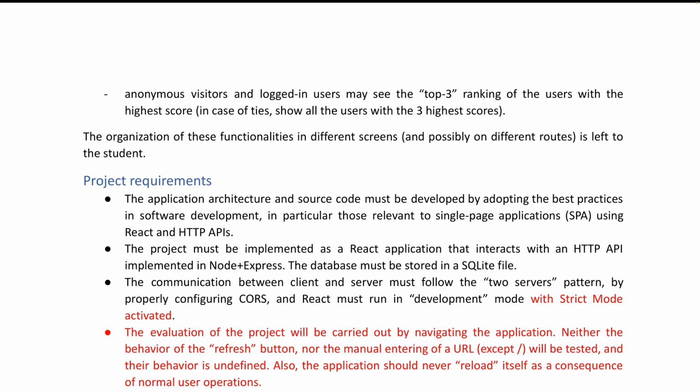Okay. This one, we have the top 3. So for sure, we will need an API that retrieves the top 3 users. So here we might think of something like top 3.